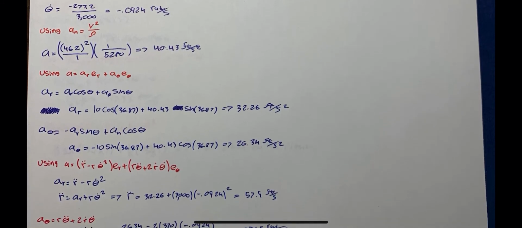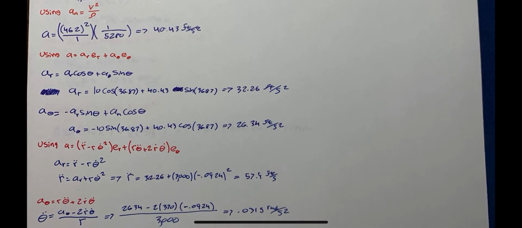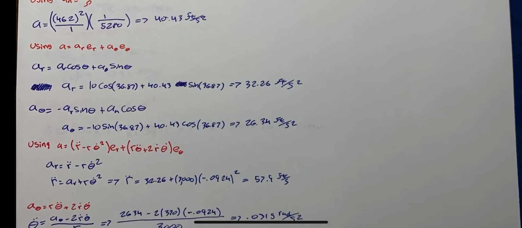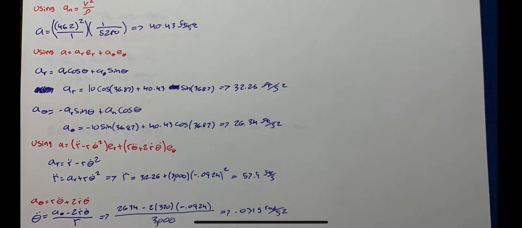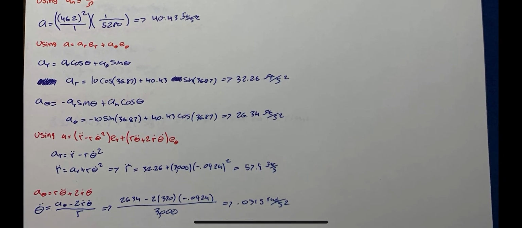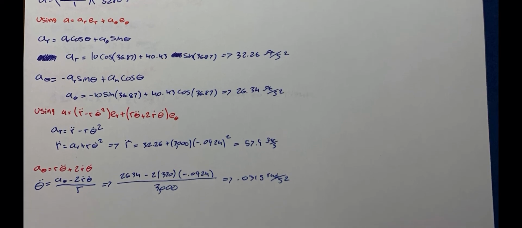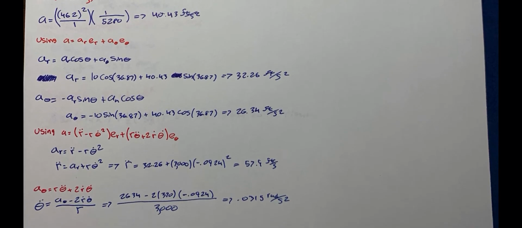And then adapting that earlier equation to acceleration instead of velocity, we realize that acceleration is equal to a_r cosine theta plus a_theta sine theta. And since we know all those numbers, we can plug them in. And we realize that a_r is equal to 32.26 and a_theta is equal to 26.34.